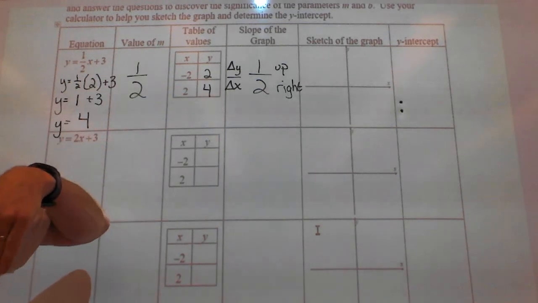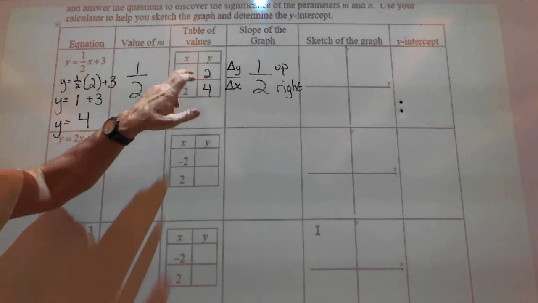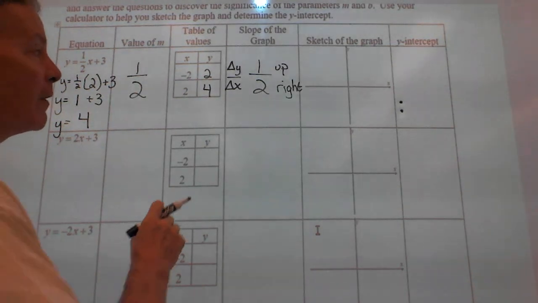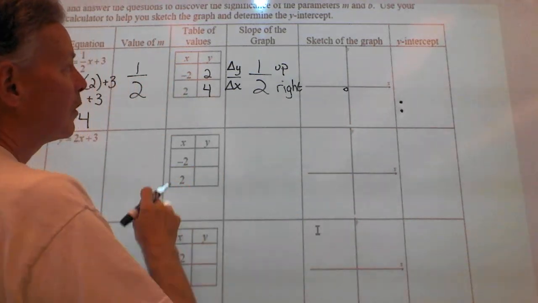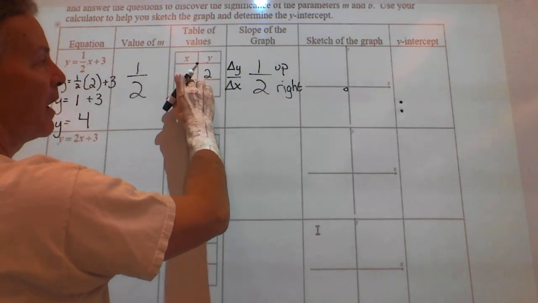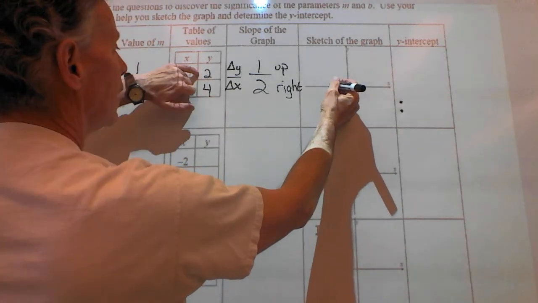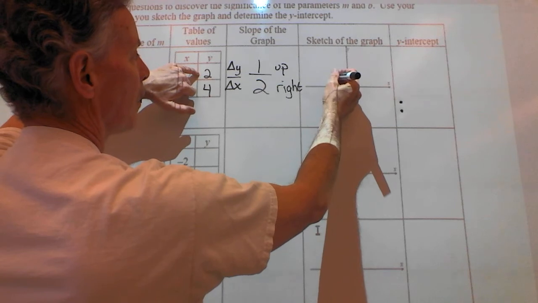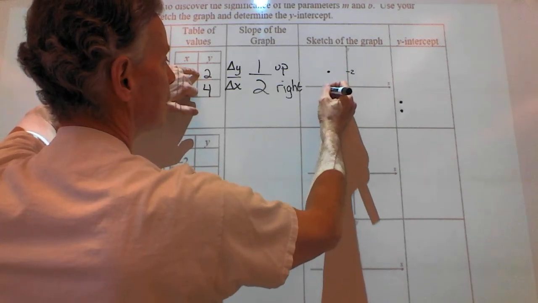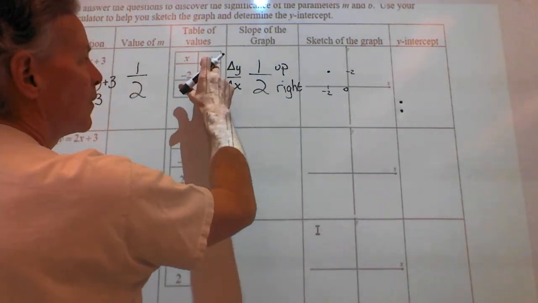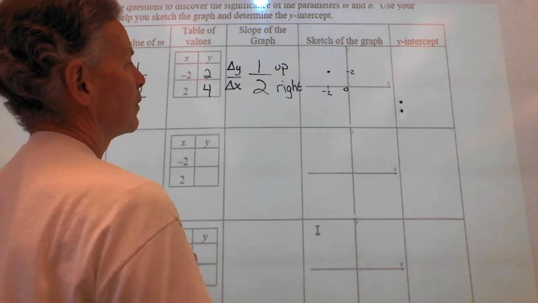So we have 2 points here, and we could very easily graph this line with only 2 points. All we have to do is plot them. Remember, if this is the origin at 0, our first point has an x value of -2. That means you're going to go 1, 2 to the left, and a y value of +2, so you're going to go up 2. So our first point, right here, is -2 and +2.